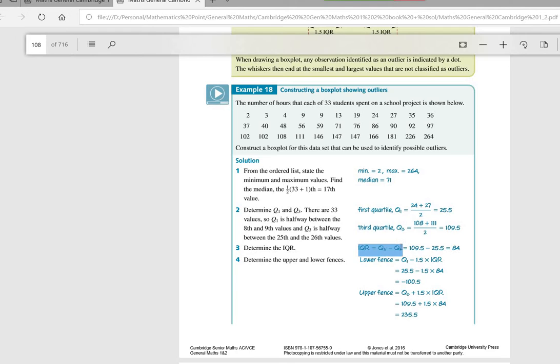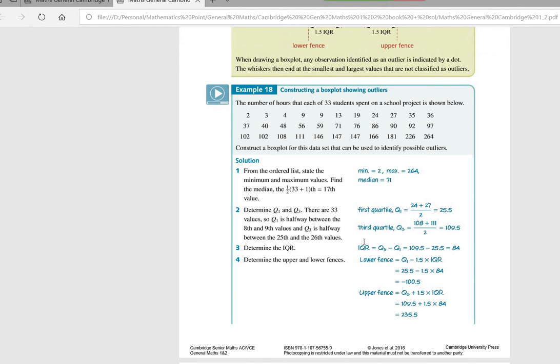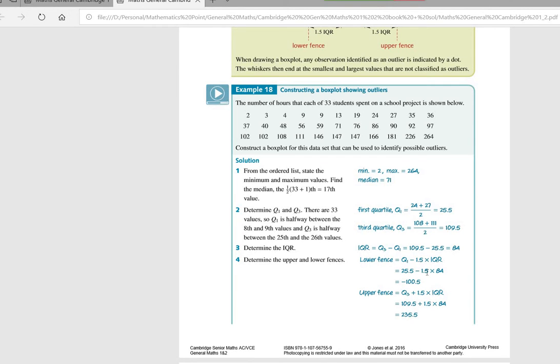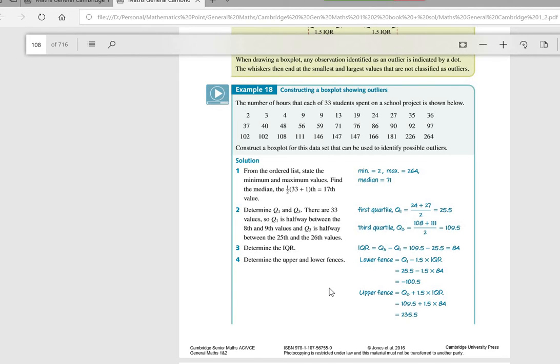Then IQR is Q3 minus Q1, so when we subtract, we found the IQR as 84. Now if you see, your lower fence is Q1 minus 1.5 times the IQR. Your Q1 was 25.5, and 1.5 times your IQR of 84 gives you a lower fence of negative 100.5.